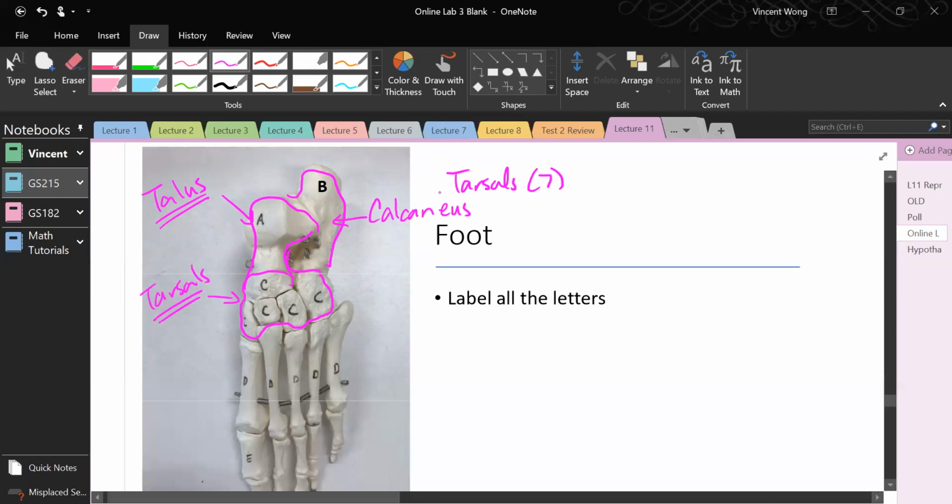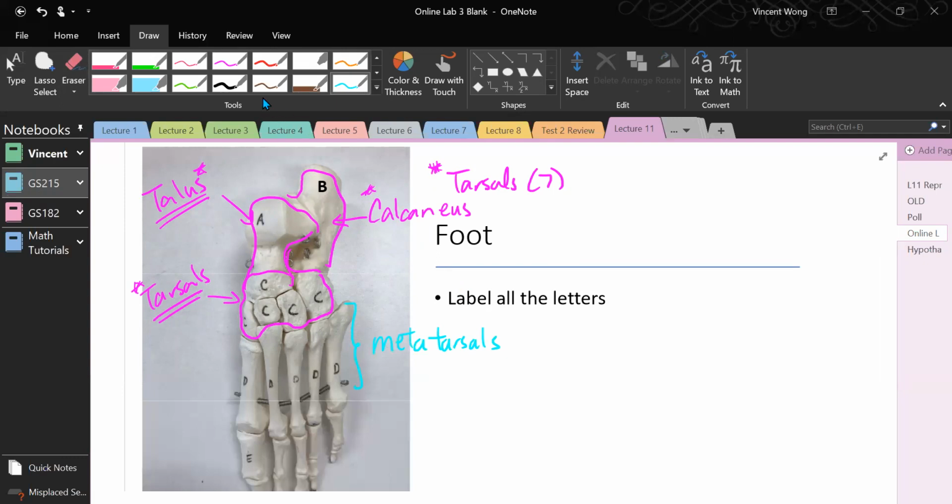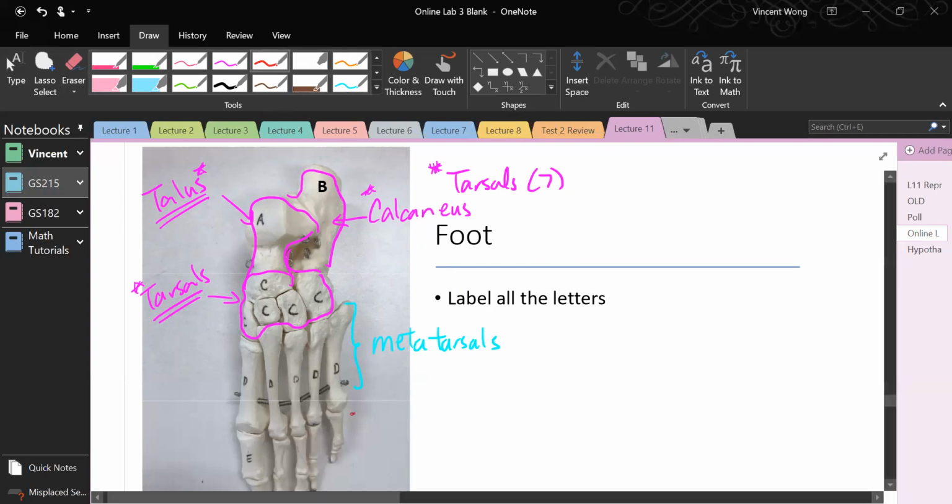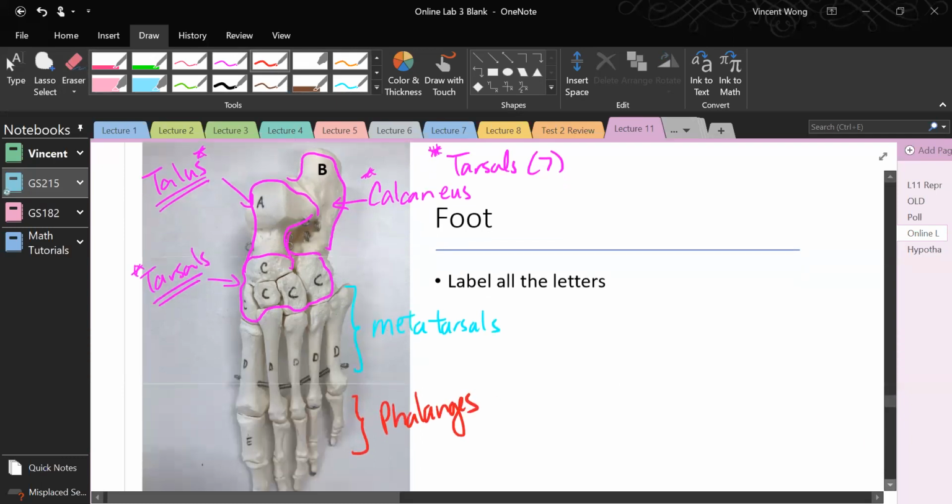Okay, so remember all these ones, right? The talus, the calcaneus, and then these tarsals, they are all tarsals. Over here, we have 5 of them. Those are the metatarsals. And finally, the toes, phalanges.